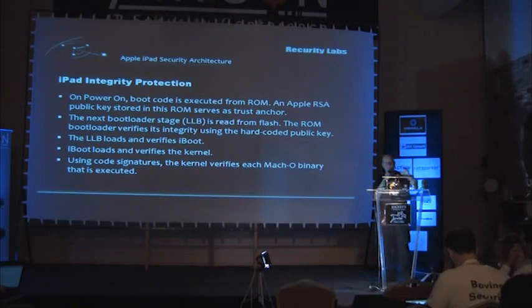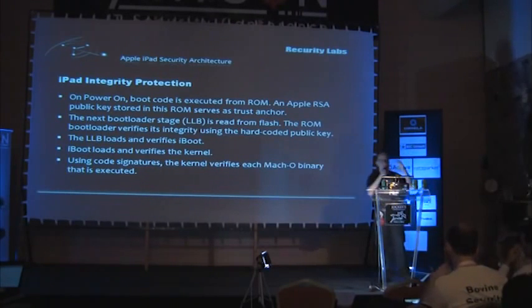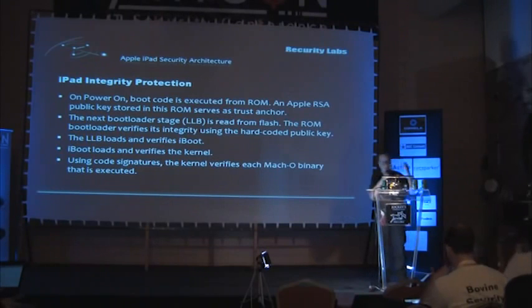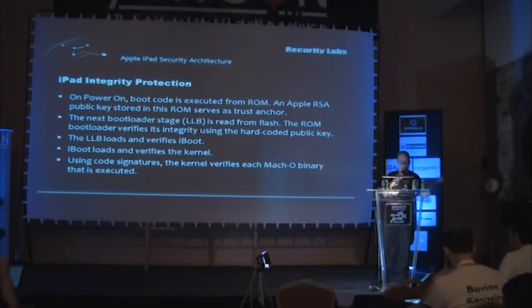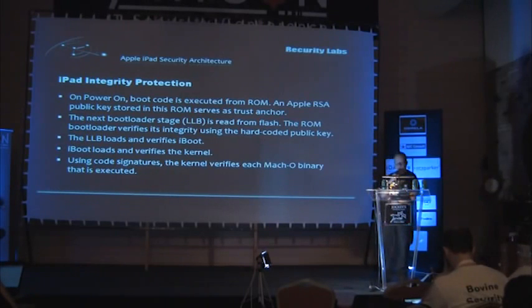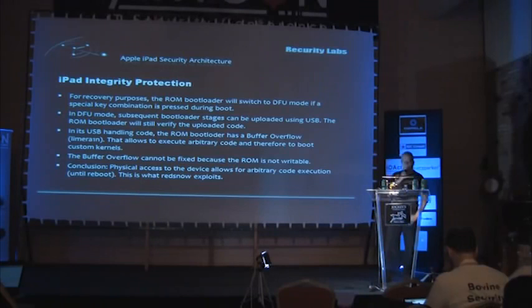They have in ROM some Apple RSA keys, and they are used for the verification of the next step, and the next step loading LLB, loading iBoot, of course it had an I in it, iBoot loading kernel, checking all the further signatures. Well, this integrity protection is nice if you do it right. This being Apple, they didn't.